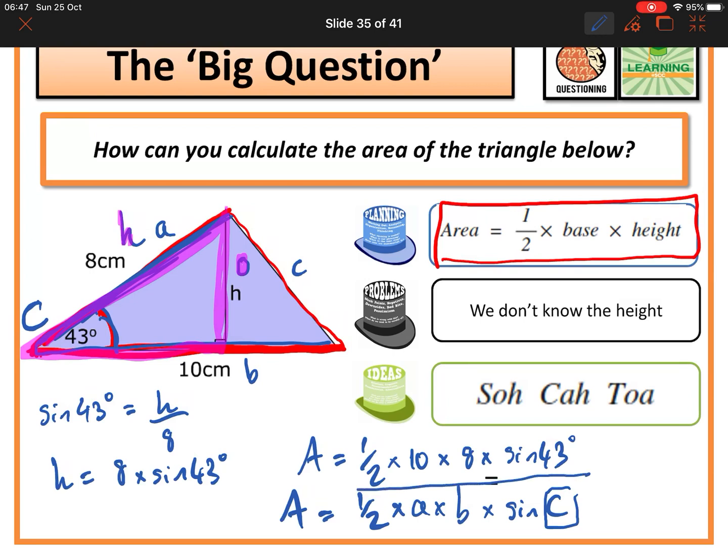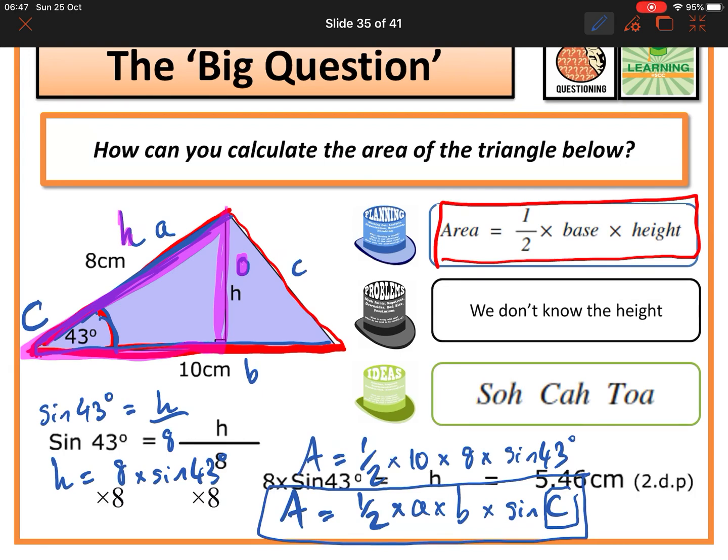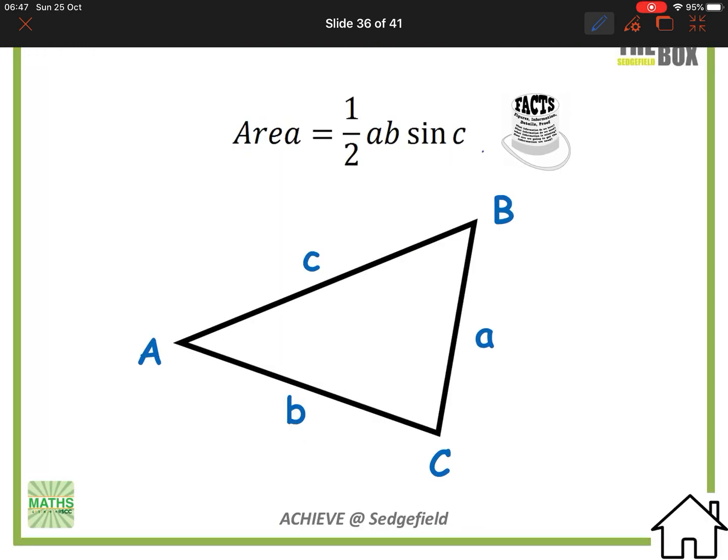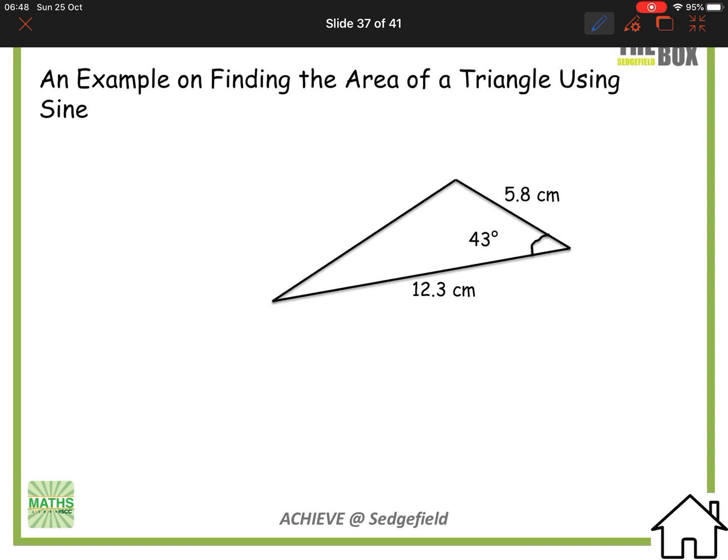So we've got another formula there that is given to you in the formula booklet, but it's best if you remember it. That really should be a capital C. As long as we know two sides and the included angle, we can use this formula. Here's a very simple example. Find the area of this triangle.